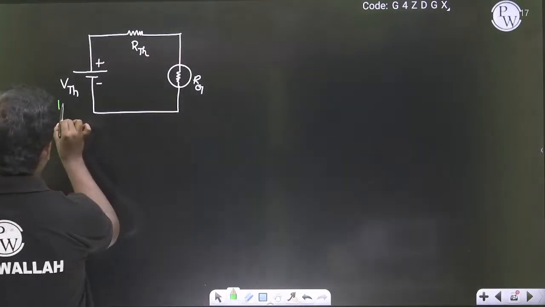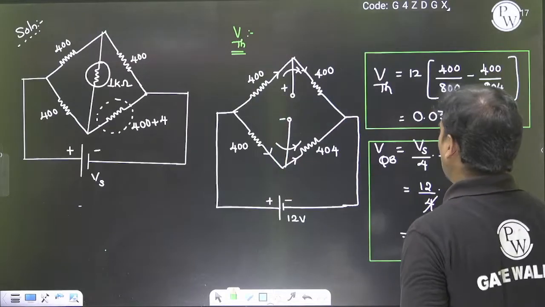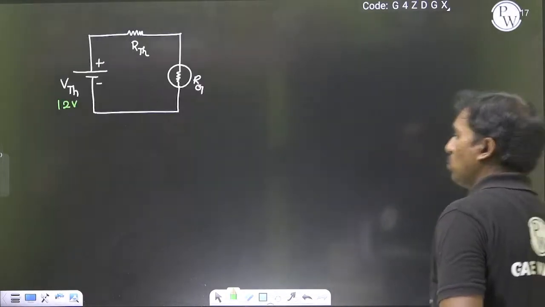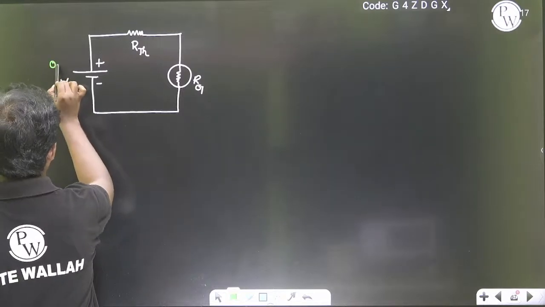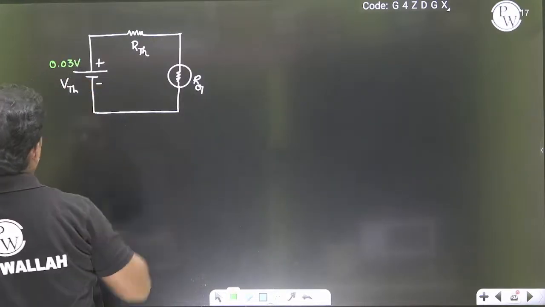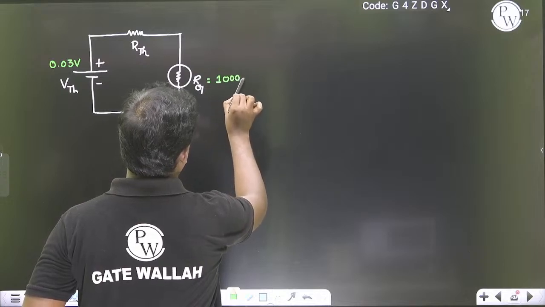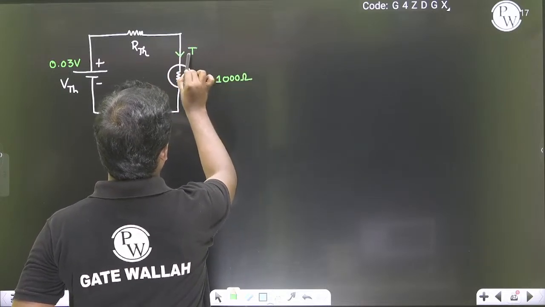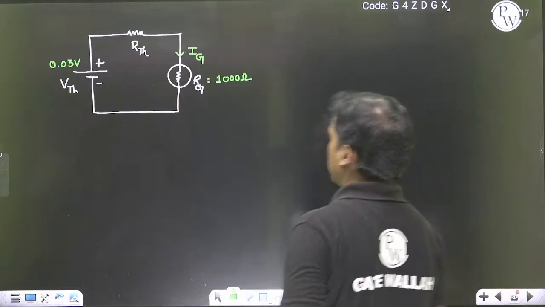R Thevenin's, V Thevenin's is not 12 volts. V Thevenin's is 0.03 volts. And our galvanometer is 1 kilo ohm, that is 1000 ohm. This is the I galvanometer. And the R Thevenin's is 401 ohms.